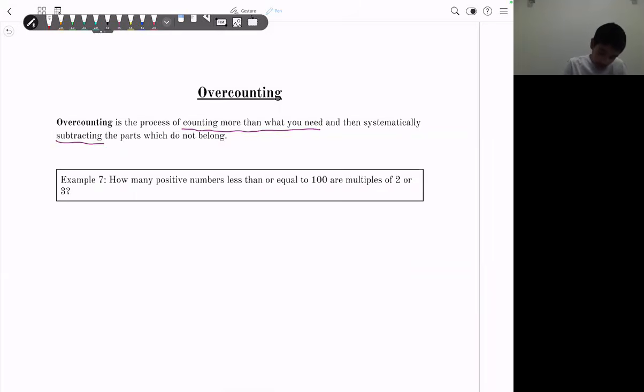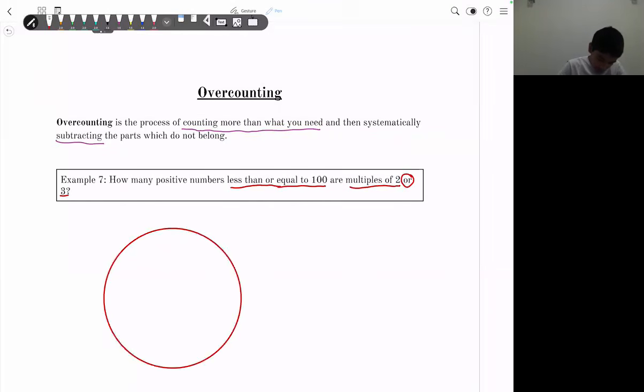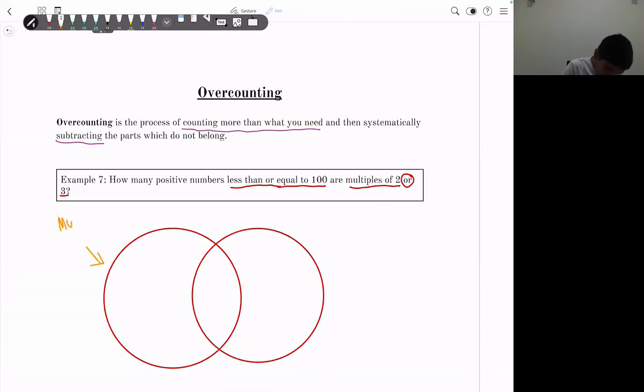How many positive numbers less than or equal to 100 are multiples of 2 or 3? Let's consider this from a Venn diagram point of view. Let this here be the multiples of 2, and let this over here be the multiples of 3.